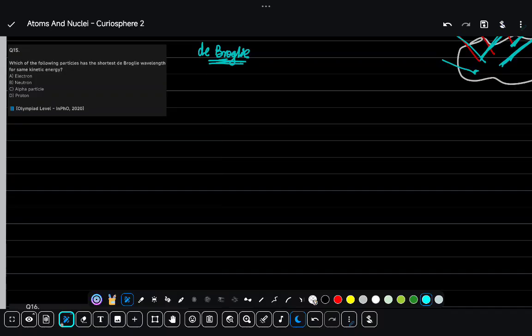Light undergoes reflection, refraction, interference, everything. All of that is its wave nature. Light undergoes the photoelectric effect, the Compton effect, everything. It says light also has particle nature. So it's a wave-particle duality.